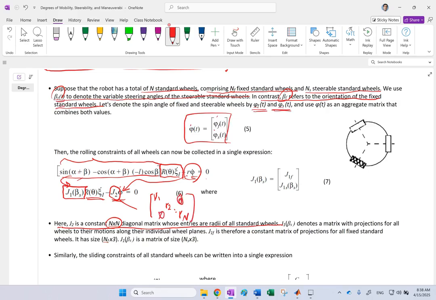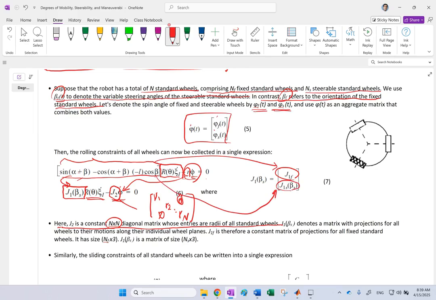That is J2 because all it needs to form is r. Now J1, as I said, for the fixed wheels, the projection rows all can be combined into J1F, and for the steerable wheels, they will be projected into J1S of beta S.